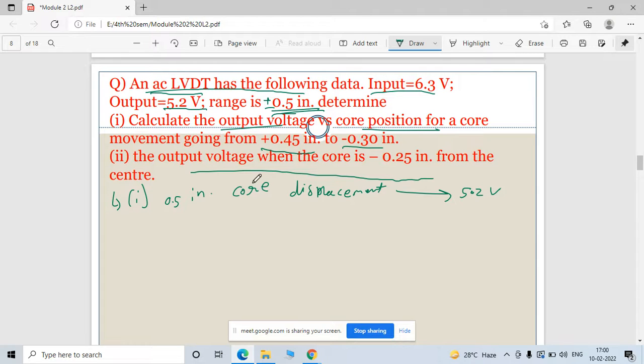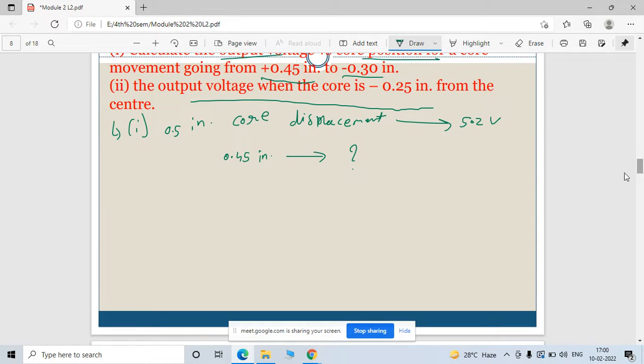So for 4.5 inch displacement, how much voltage is shown on your meter? Take the ratio of all four things. Let it be x volt. This x is nothing but 0.45 divided by 0.5 multiplied by 5.2.